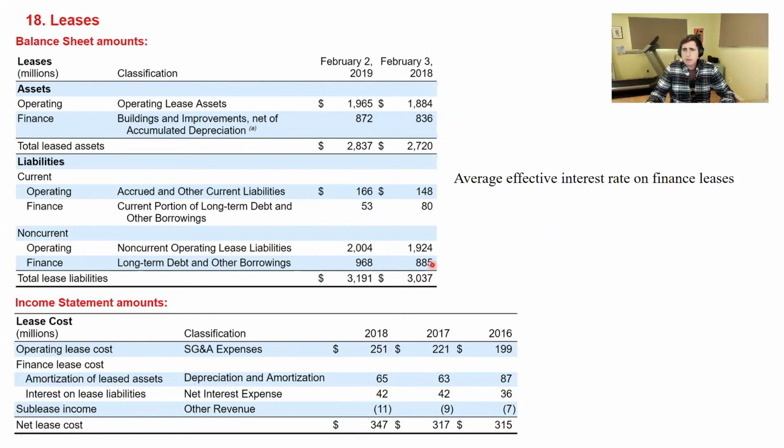It's $885 plus 80. So 885 plus 80 is the beginning book value. If you take interest expense and divide by the beginning book value, you arrive at the effective interest rate on finance leases. Okay, so 4.35% is what we've just calculated, based on this footnote, as the average effective interest rate on finance leases.